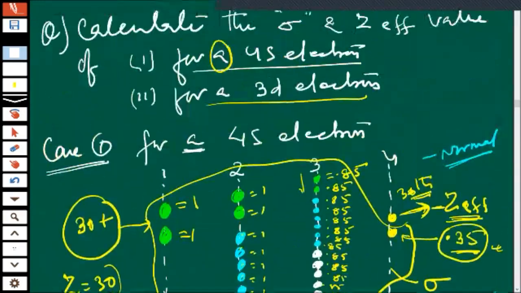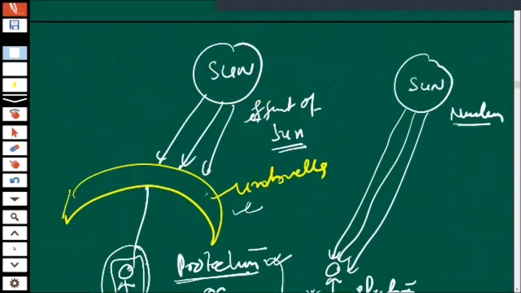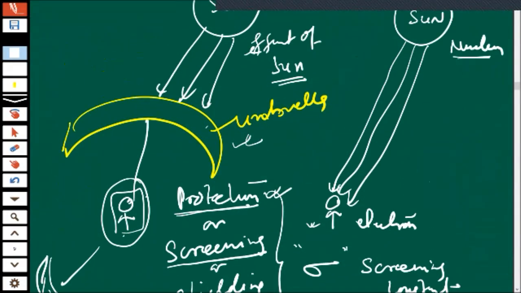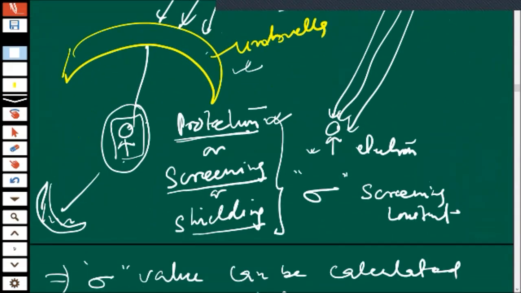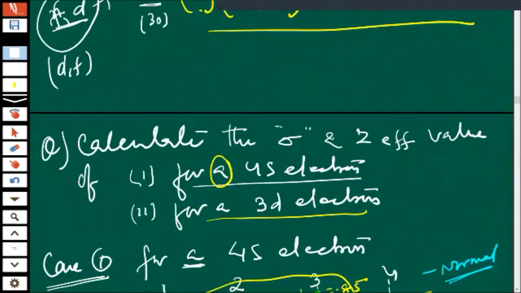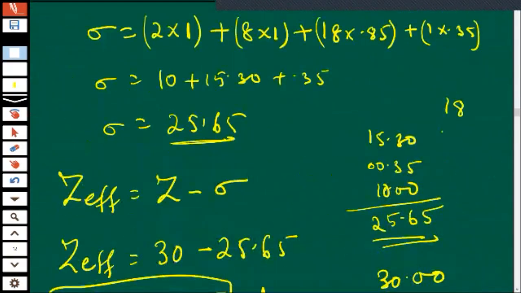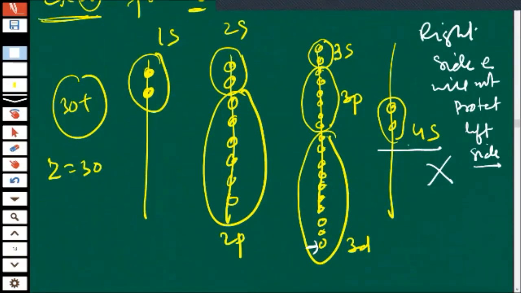If the umbrella is on this side, then only it can protect. If you put this electron this side, this umbrella on this side, the sun rays will come directly. Did you understand? Yes, sir. So the outer electrons, the electrons which are on the right hand side, will not protect. Leave them.